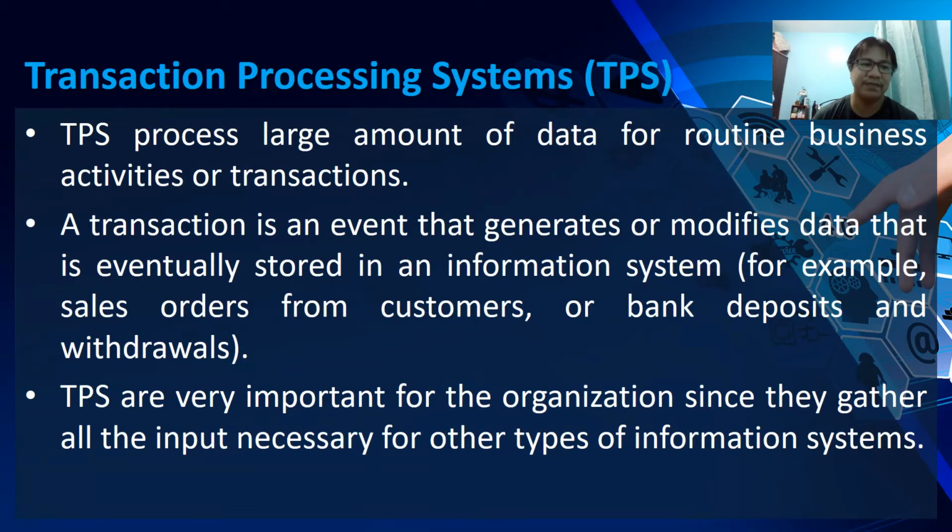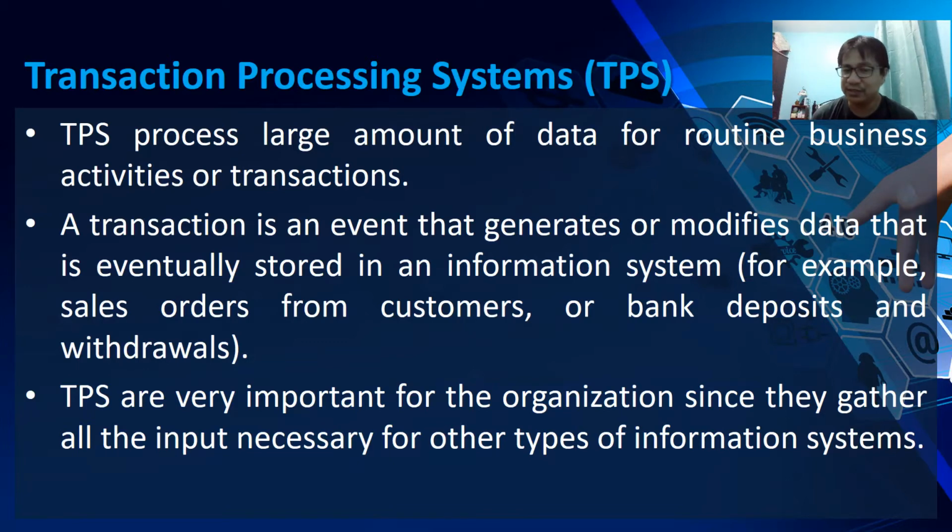First we have the TPS. TPS processes large amounts of data for routine business activities and transactions, mostly in banks and big companies. A transaction is an event that generates or modifies data that is eventually stored in an information system.